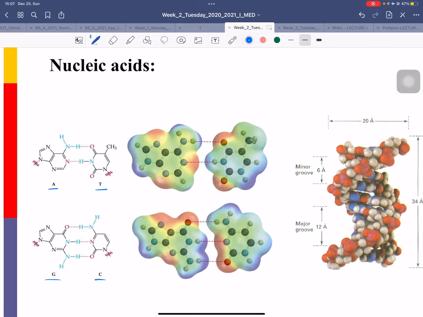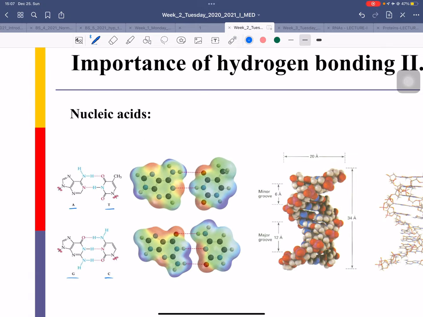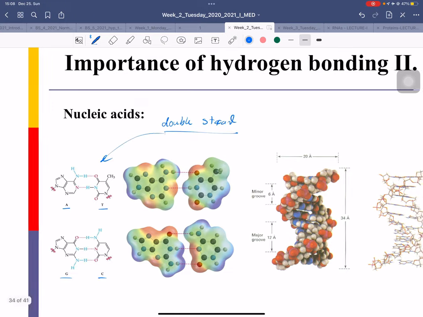It is one of the important reasons for the formation of DNA, because the DNA is a double helix, and the double strand can be formed because of these hydrogen bonds.